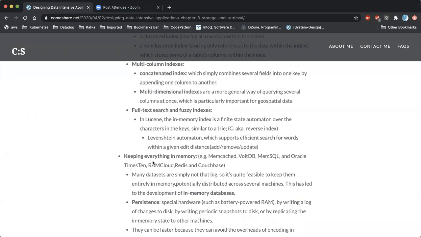So I think the next one is full text search. Here is the case where you don't have an exact key for search, but the search would be a subset of the key. And I think Lucene, I don't know how this is pronounced, is used by Elasticsearch, where it is indexed. I think he talked about indexing based on the distance of the key.